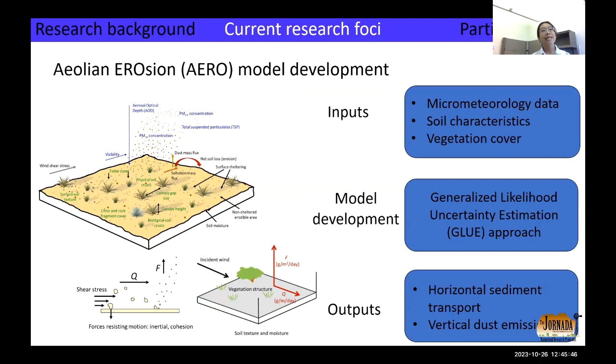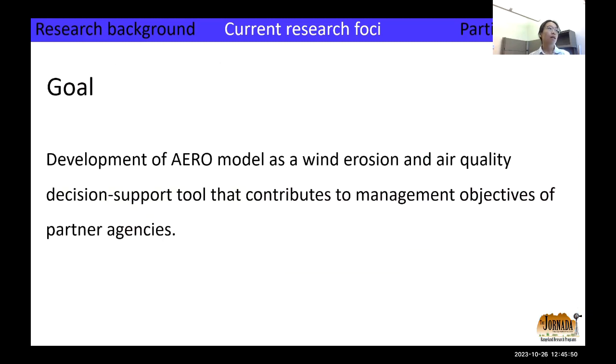In the next few slides, I will fill in more details about these three aspects. So the goal of our project is the development of the AERO model as a wind erosion and air quality decision support tool that contributes to management objectives of partner agencies.